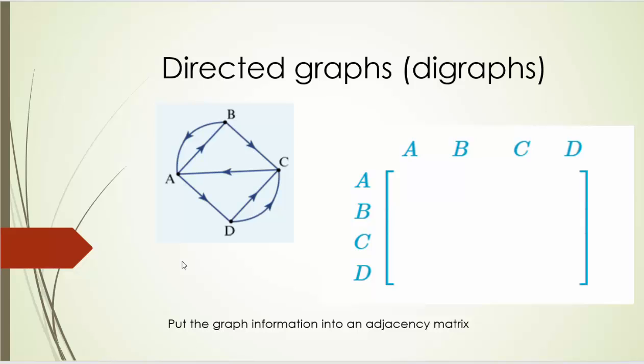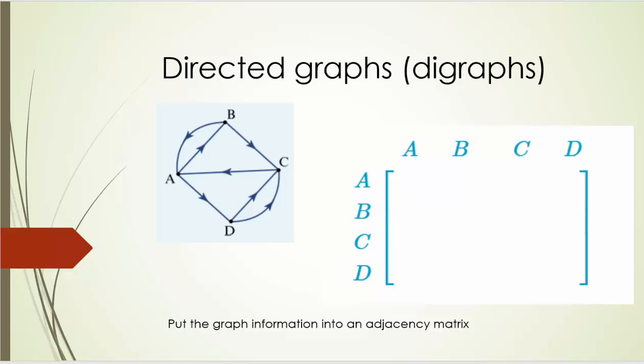A directed graph is one with arrows of direction on it, as the figure on the left, A, B, C, D. There is a path from A to B and there's a path from B to A, but there is no path from C to B. On the right is an adjacency matrix, which you've met before, and so you put 0, 1 or 2 or whatever, depending on how many ways there are to get from somewhere to somewhere else.